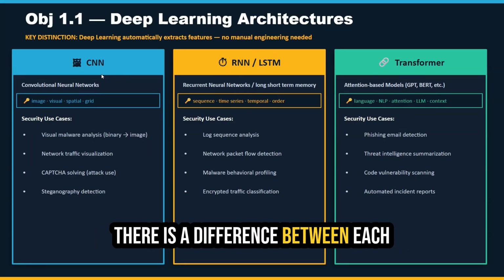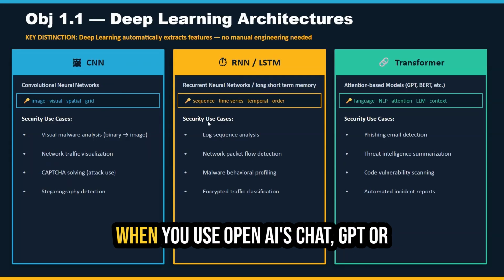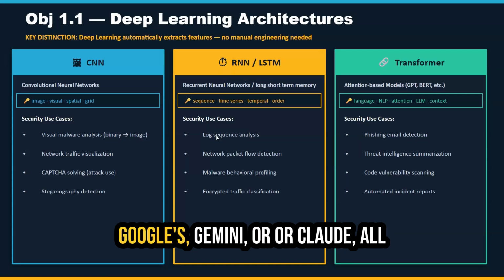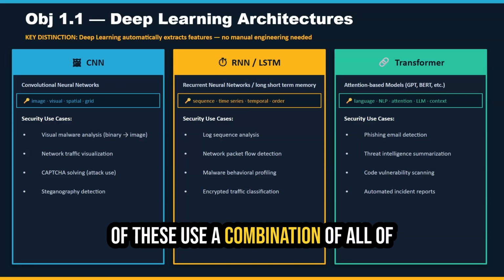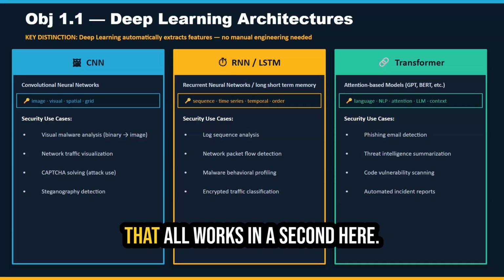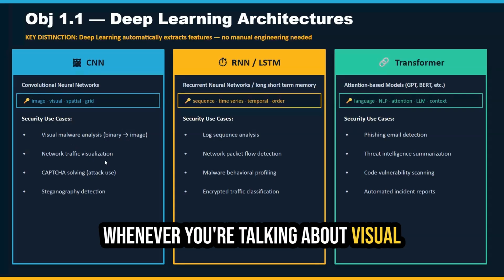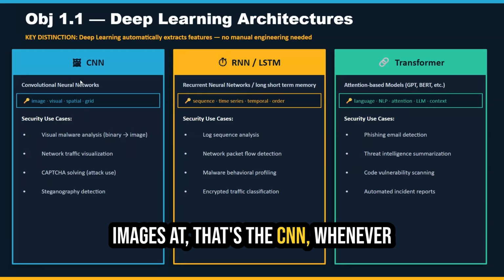There's a difference between each one of these, and each one of these kind of specializes in a certain thing. When you use OpenAI's ChatGPT or Google's Gemini or Claude, all of these use a combination of all of this technology, and you'll see how that all works in a second here. CNN, convolutional neural networks: whenever you're talking about visual images, that's the CNN.